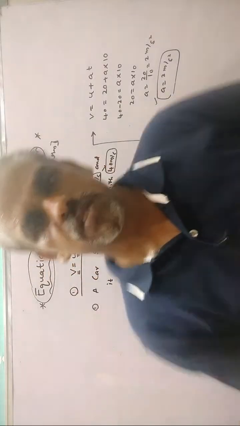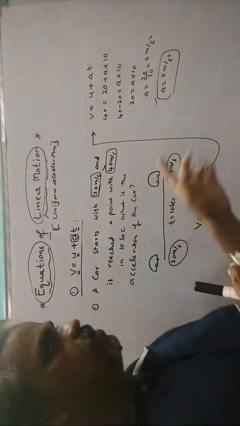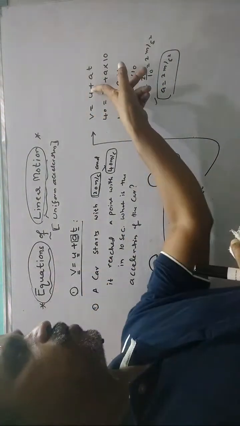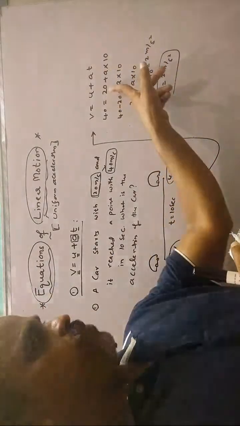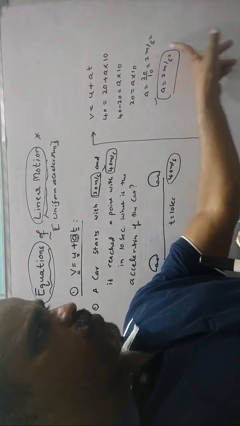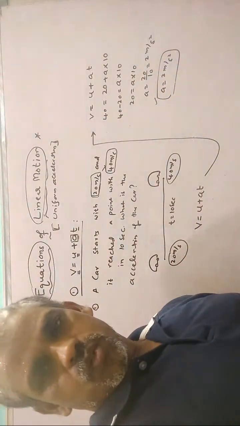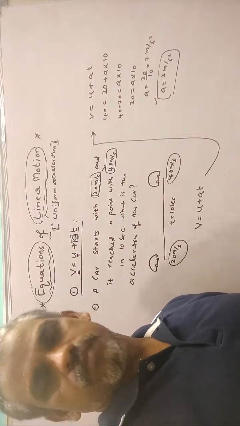Otherwise you can use this equation of linear motion, the first equation, v equal to u plus at. I substitute v equal to 40, u equal to 20, plus a into time equal to 10 seconds. Then 40 minus 20, that is a into 10. 20 equal to a into 10. A equal to 2 meter per second square. So acceleration of the body is equal to 2 meter per second square.